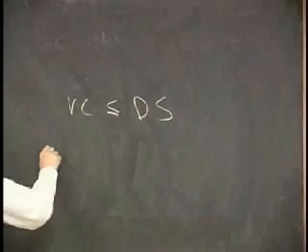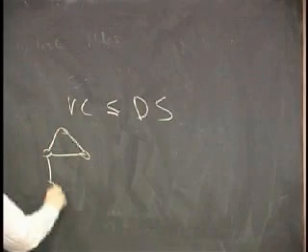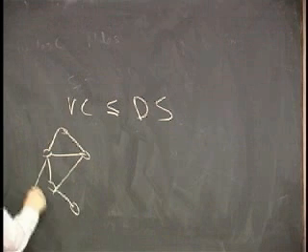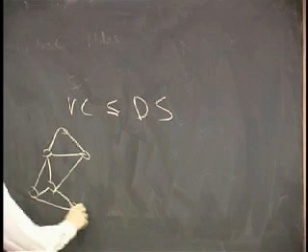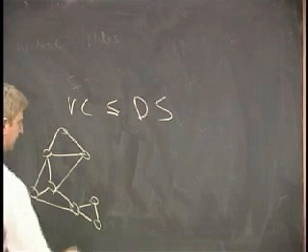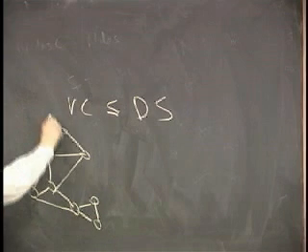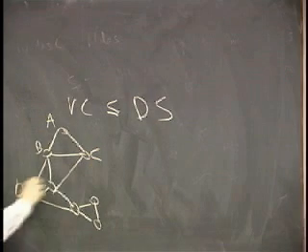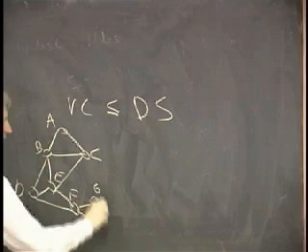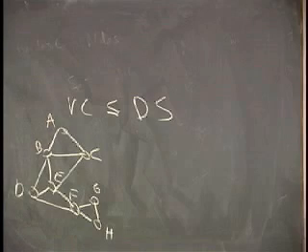So let's do that. A, B, C, D, E, F, G, H. And say we're trying to get a vertex cover here of 5.